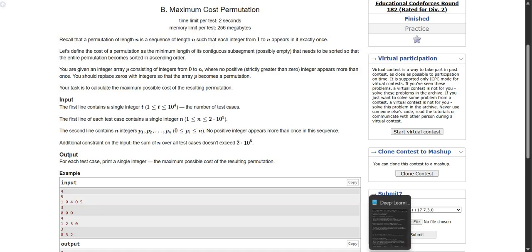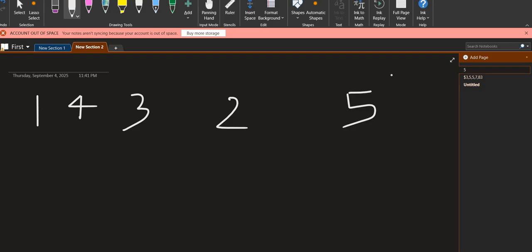So our goal is to sort the initial permutation, and the question is: what is the minimum possible subarray that I need to sort in order to sort the array?